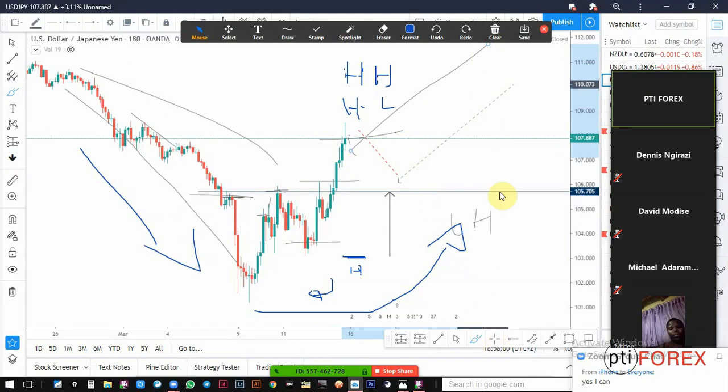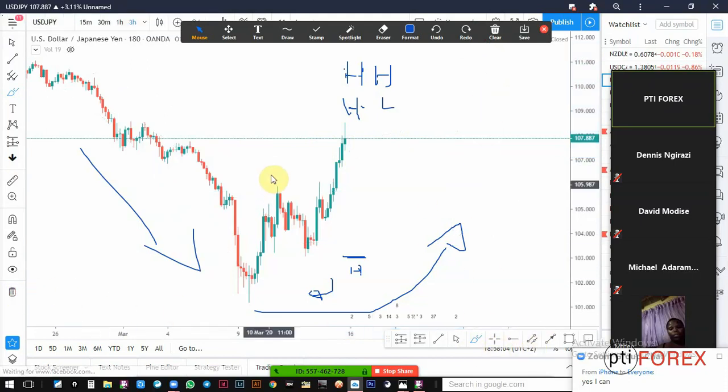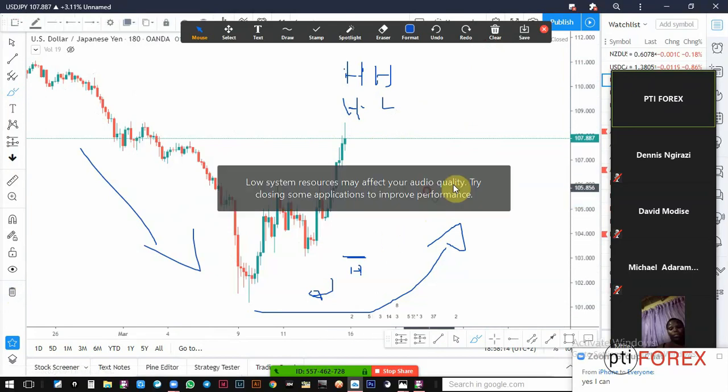At the moment, let me just clear all my drawings. What we are waiting for as a trading community is a discount, because we now want to buy this market.